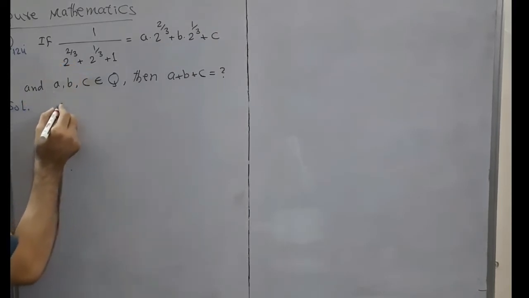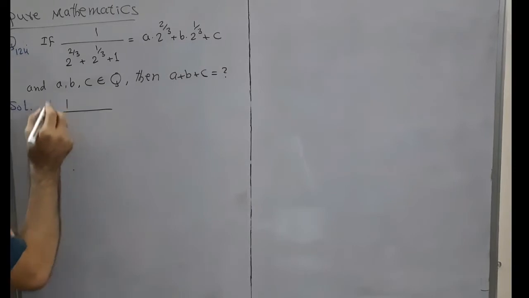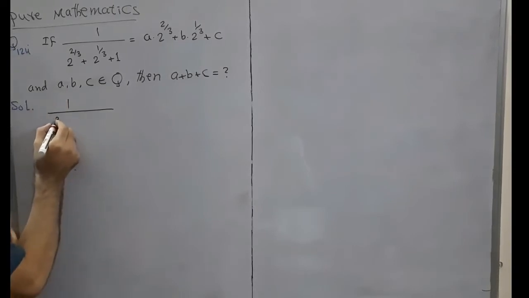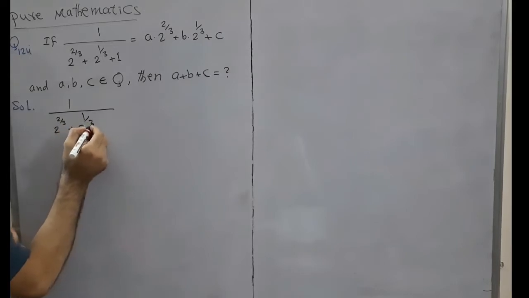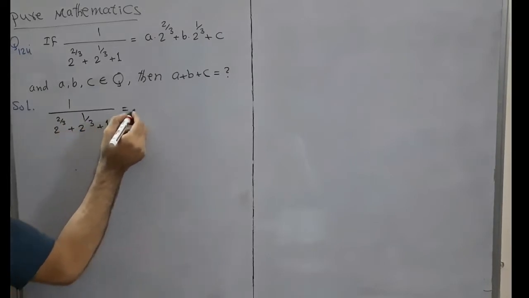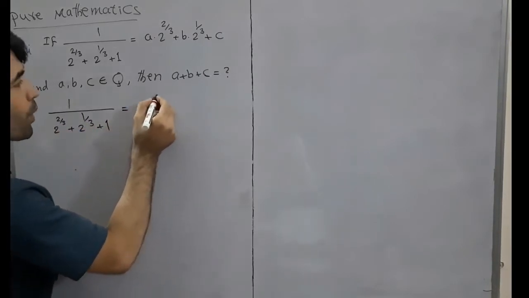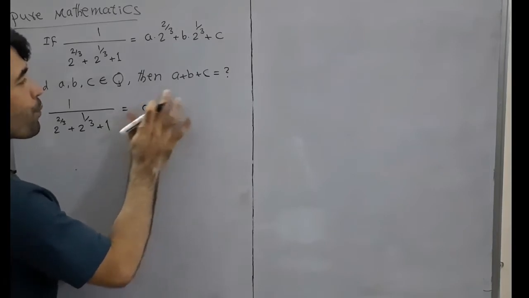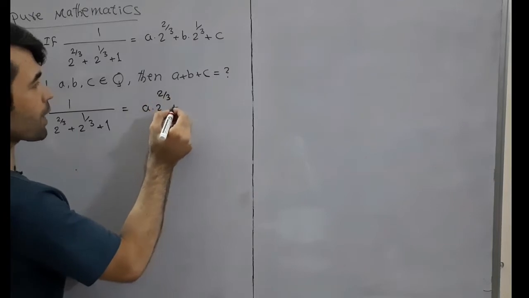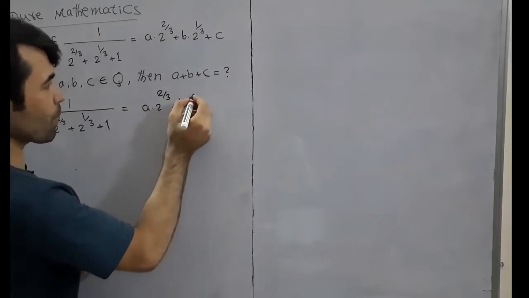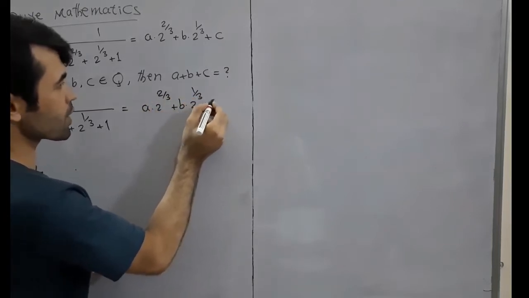Actually we have 1 over (2 to the power 2 over 3 plus 2 to the power 1 over 3 plus 1) is equal to a times 2 to the power 2 over 3 plus b times 2 to the power 1 over 3 plus c.